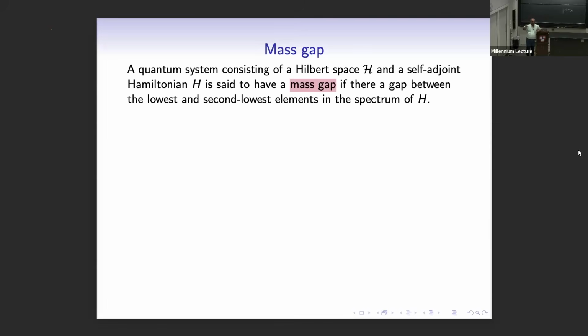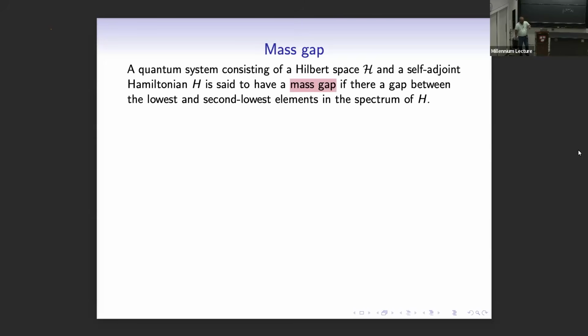If you can construct them, and I'll tell you what the situation is, and then you show that they satisfy the Osterwalder-Schrader axioms, that will allow you to reconstruct the quantum theory from that. Okay, so that's the picture.